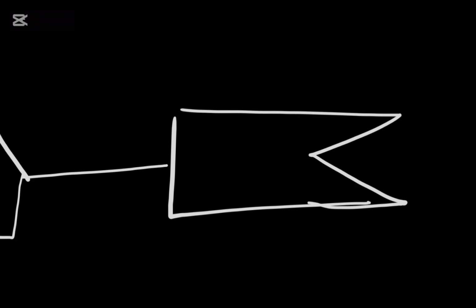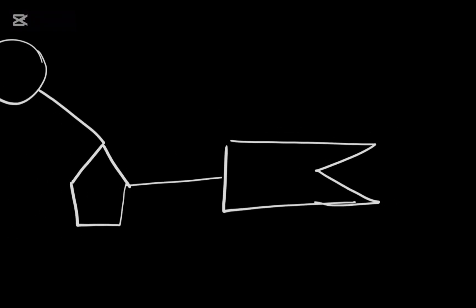The parts being your phosphate, that is mostly represented as a circle, and then you have your sugar, that is mostly represented as a pentagon, and then you have your nitrogenous base, that is mostly represented as a rectangular arrow-like structure, something like that.